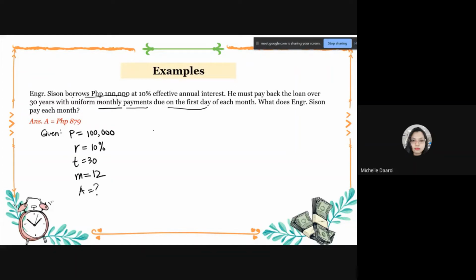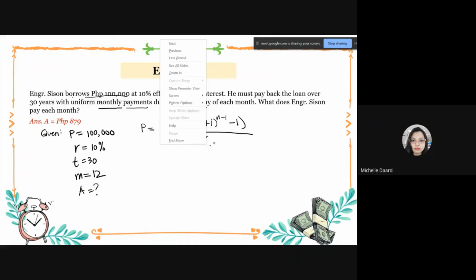So for the solution, this is A plus A times 1 plus i raised to n minus 1 over i, where 1 plus i is raised to n minus 1.